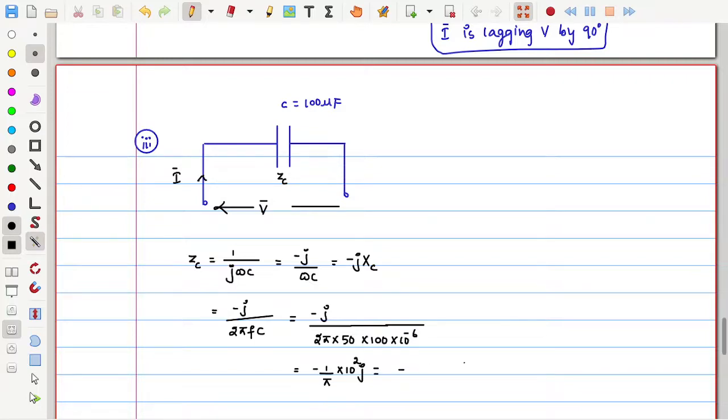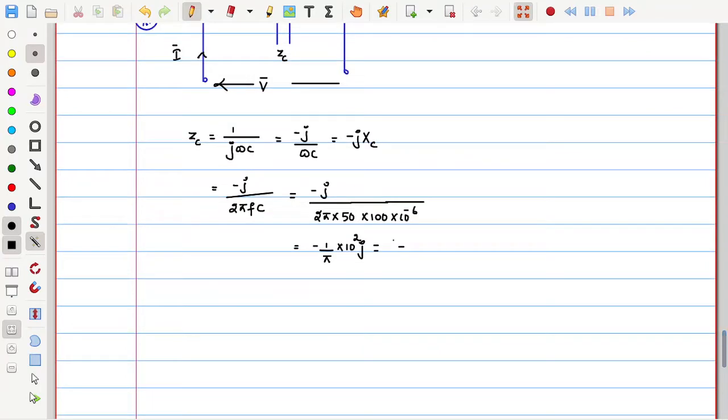How much is it? Give me this value quickly. 31.83, sir. 31.847, sir. Minus j, right?